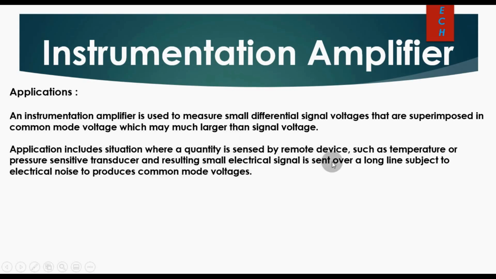If you want to measure a temperature or pressure of any transducer or any device, a small electrical signal may travel over a long line. Because of that, there is electrical noise which will superimpose on the small signal, and that causes a common mode voltage. So in that case, we will not be able to identify our small signal. So to nullify the common mode voltage, we use an instrumentation amplifier, right?